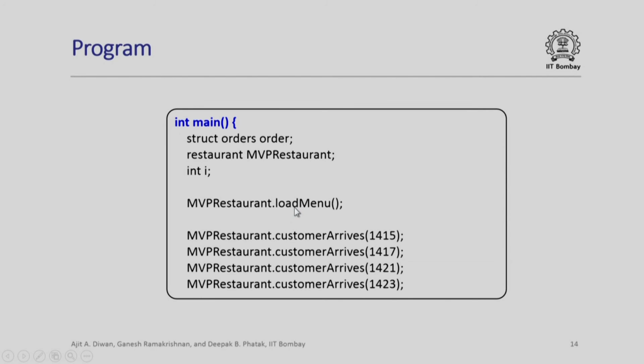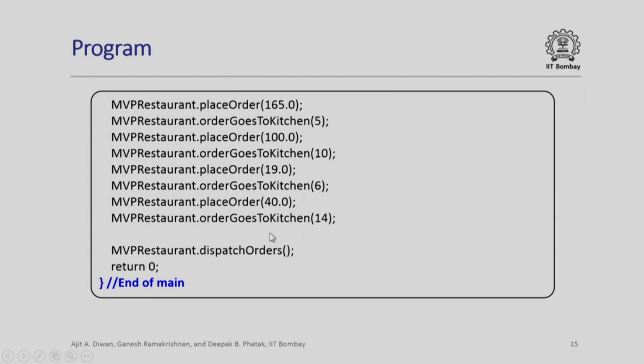Next, customers arrive. Usually a large number of customers will arrive throughout the day, or morning or afternoon session. Here again, we remind ourselves that we are simulating by a simplistic example where we have only 4 customers who have come. So, one by one we are calling this function by giving the time of arrival, which again is arbitrary. Once the people arrive, one by one they will go to the end of the counter and place the order.